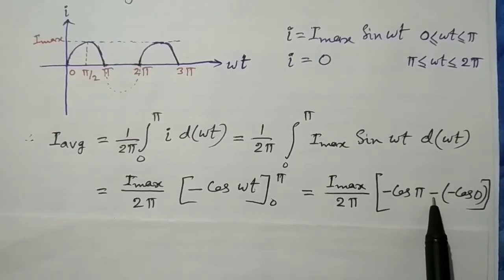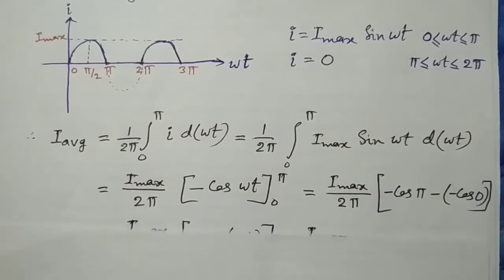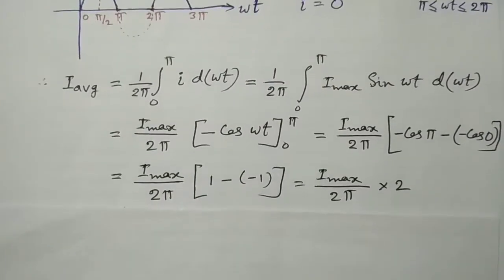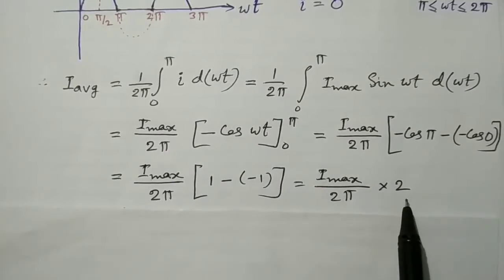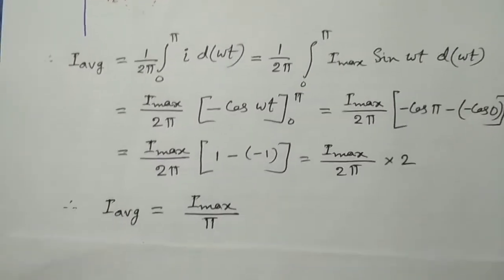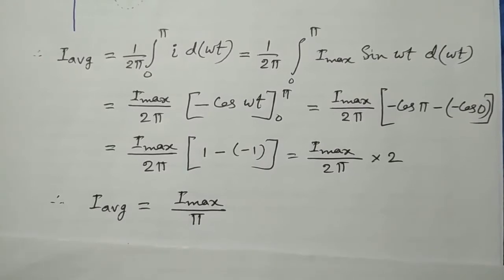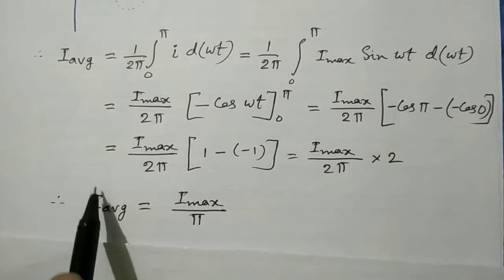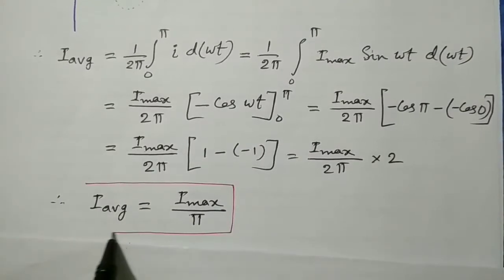And here also it will be minus, so it will become plus again. So finally it will be I max upon 2 pi into 2. So 2 and 2 will be cancelled. So the average value of this waveform will be I max upon pi. This is the average value of half wave rectified waveform.